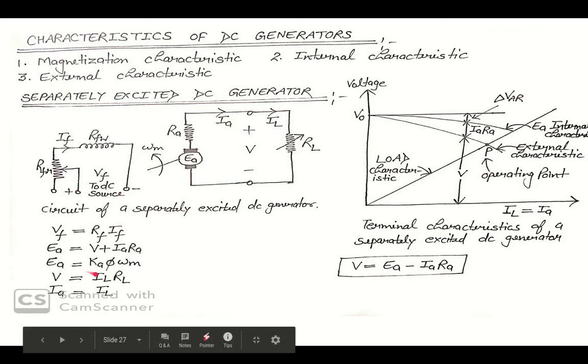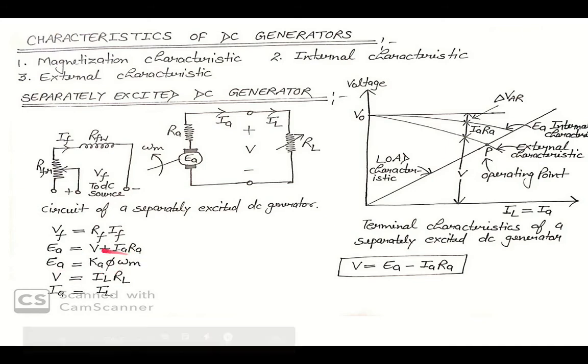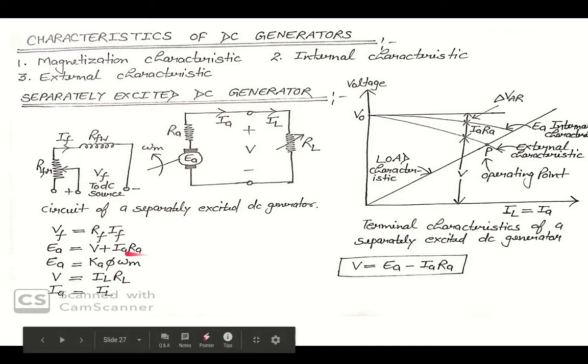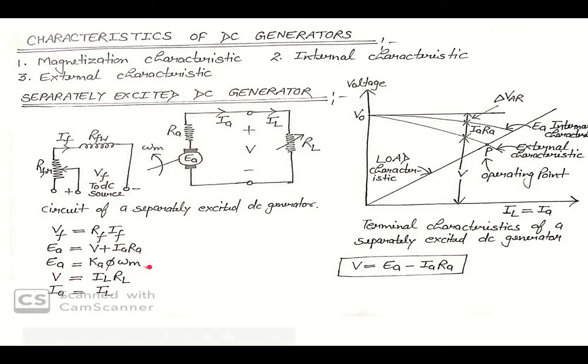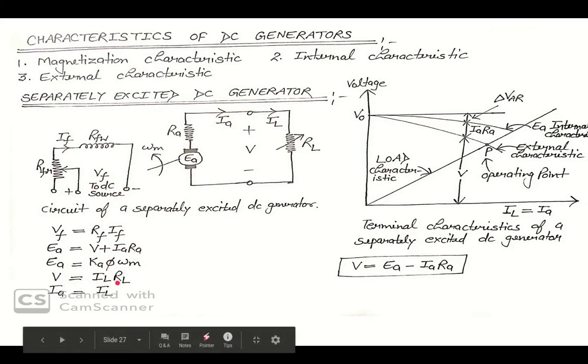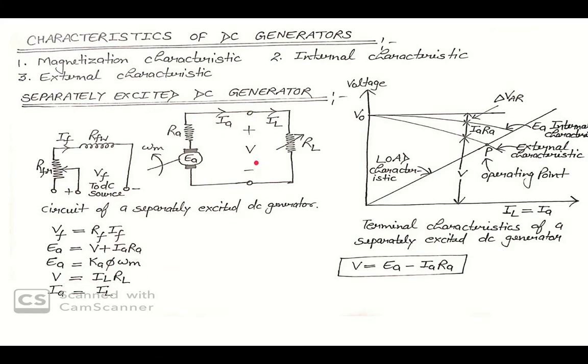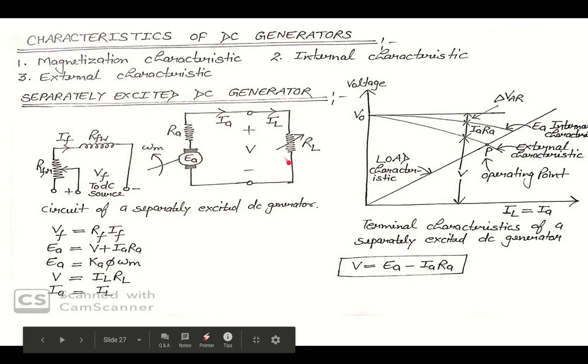Here Ea equals Ka phi omega m, where K phi is constant for a residual flux. Now V equals IL RL, where V is the terminal voltage.